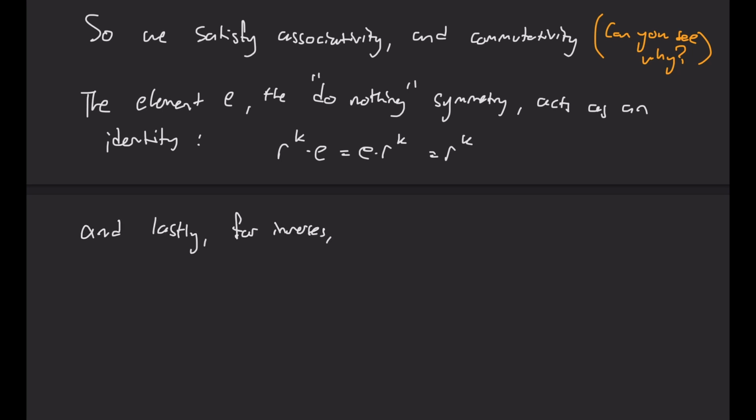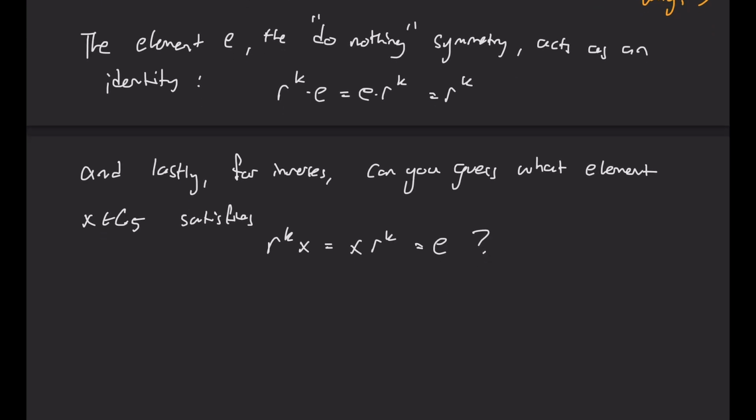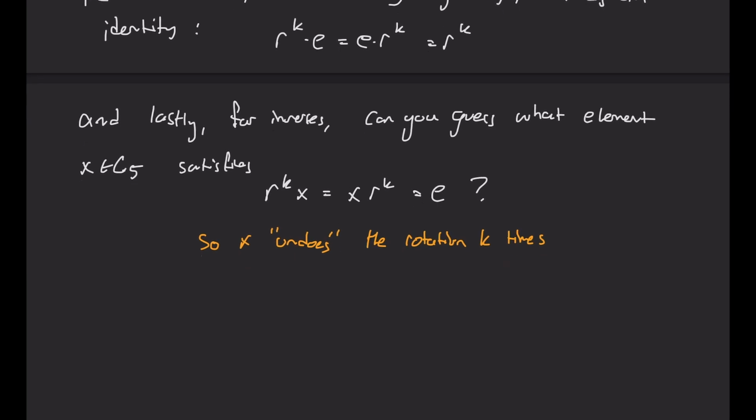And lastly, for inverses, can you guess what the inverse of R to the k should be? If I rotate k times counterclockwise, how do I get back to the identity? Or in other words, what element x satisfies R to the k times x equals x times R to the k equals E? You can interpret this as x undoing the rotation k times.